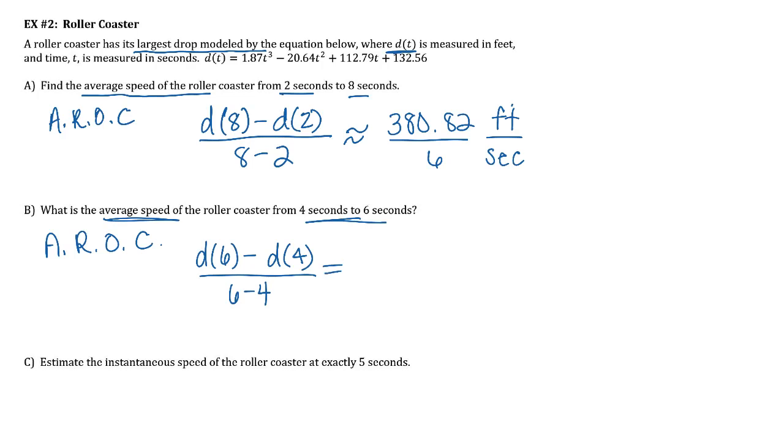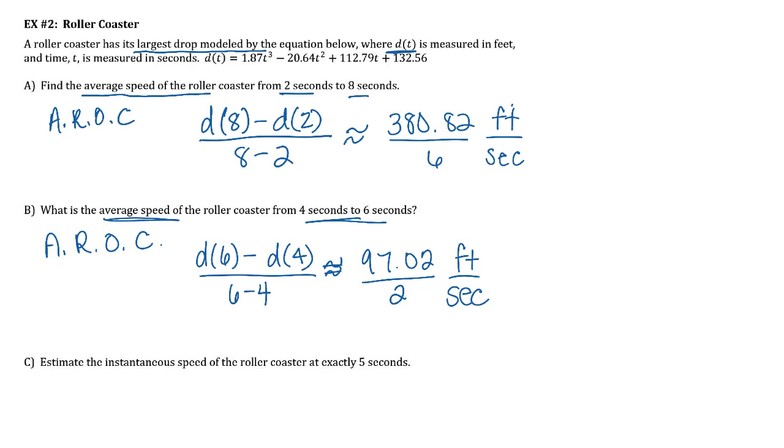And then that's going to be equal to about, you do my little squiggles because it's approximately 97.02 over 2. And again, our units would be feet per second.